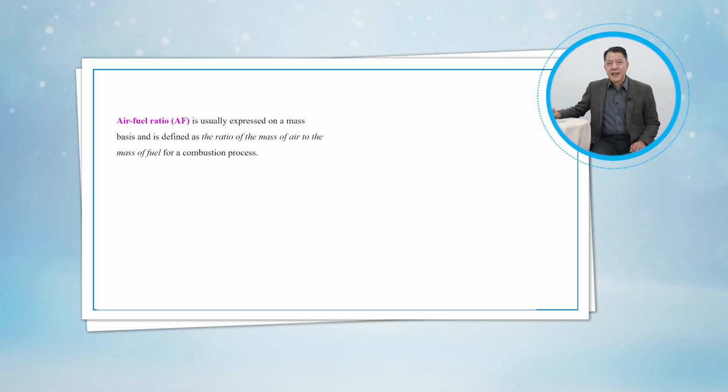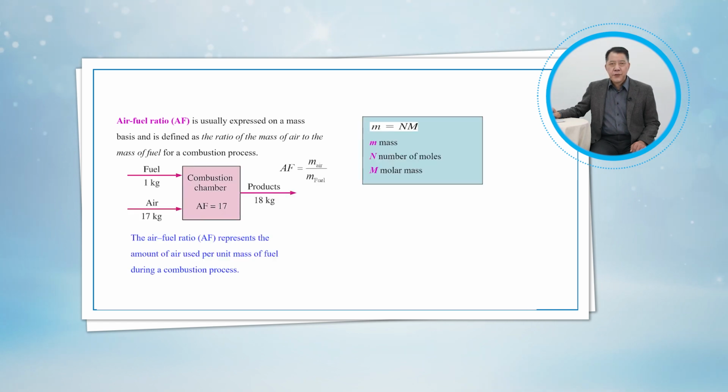A frequently used quantity in the analysis of combustion processes to quantify the amounts of fuel and air is the air-fuel ratio, AF. It is usually expressed on a mass basis and is defined as the ratio of the mass of air to the mass of fuel for a combustion process.